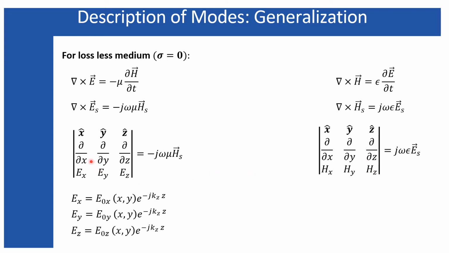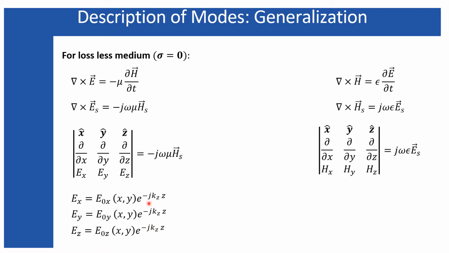Now this Ex, Ey and Ez are the components along the x, y and z directions. Look at here, Ex means the magnitude E naught x depends upon x and y. Basically this Ex component depends on x, y and z, but the z dependence you can write in terms of the propagating wave, because the x, y and z components are all propagating with a similar speed or similar wave number.